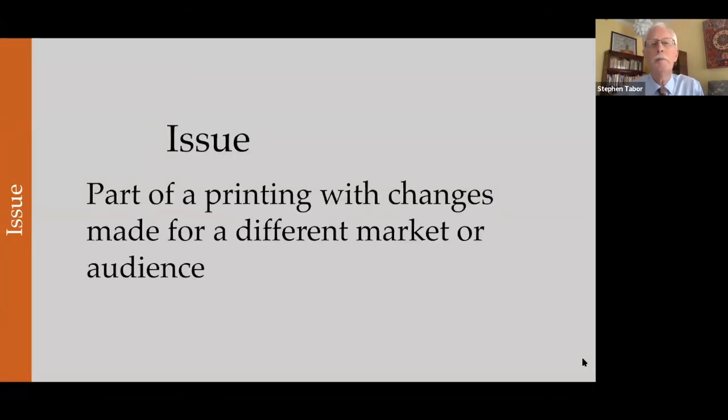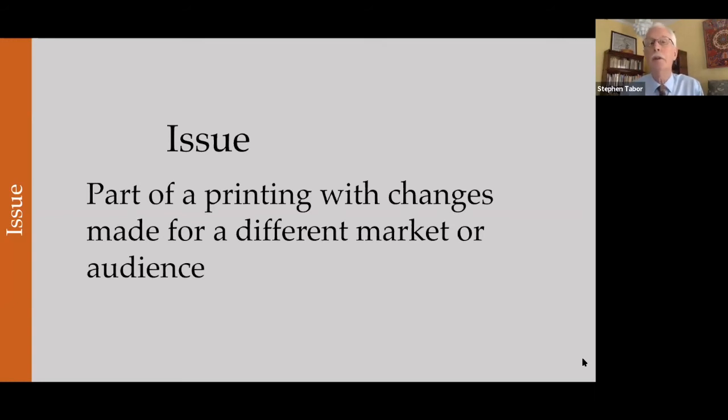So here is a simplified version of Bowers's more restricted definition. An issue is part of a printing with changes made for a different market or audience. Usually it refers to modifications carried out on the book as already manufactured, but there are exceptions to that.